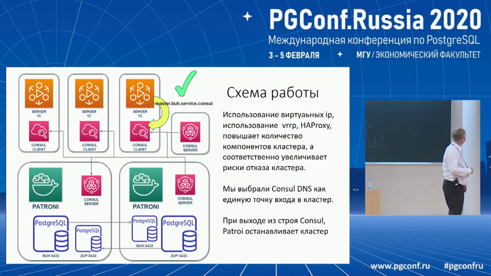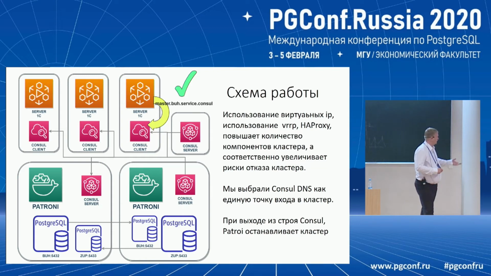If Consul fails, Patroni stops the operation of the servers, processes all failure modes, so if there are big issues, the system shuts down in this case.